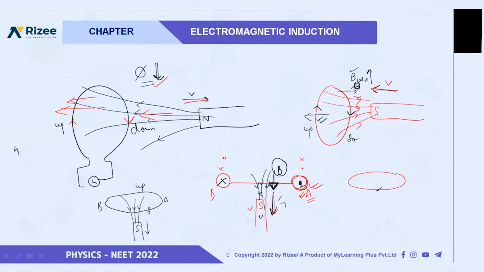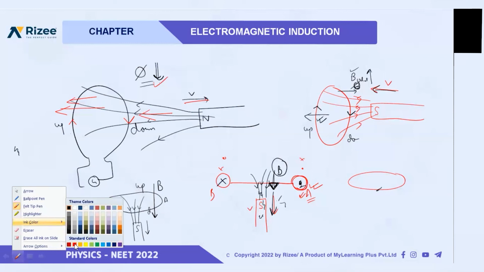South pole going back means flux is decreasing. So this coil will produce its induced current in that direction such that it will support the magnetic field, because it is decreasing. That means the induced current magnetic field will be in this direction only, so that it will support it.